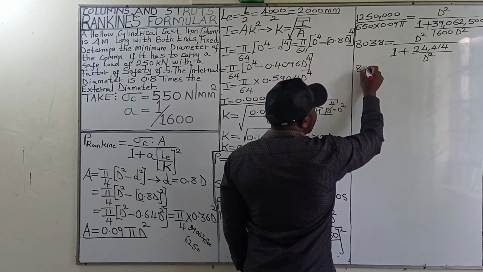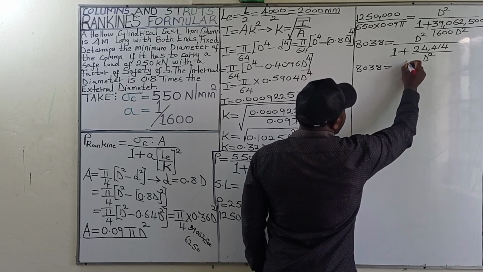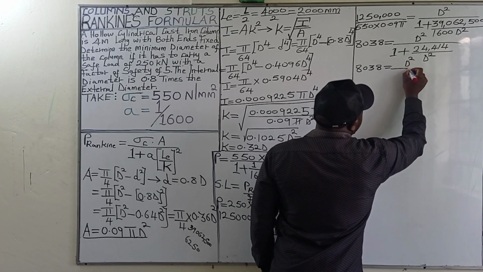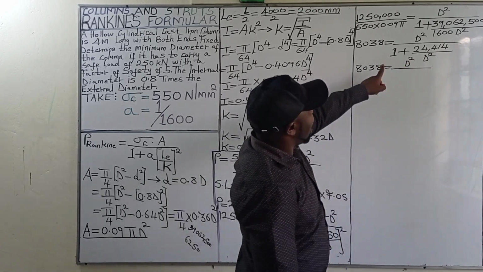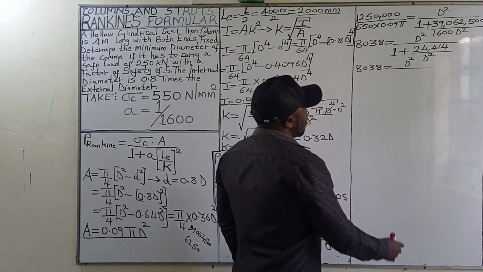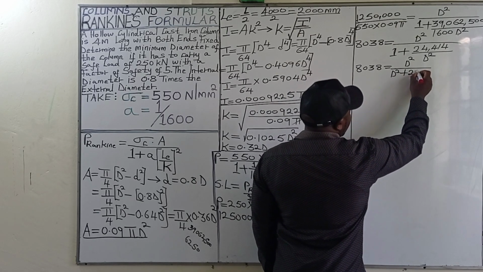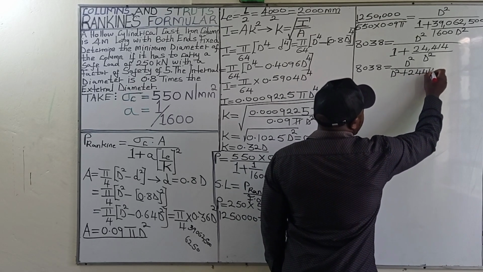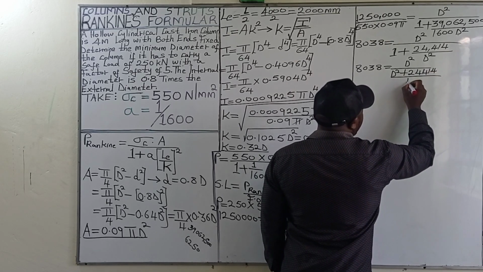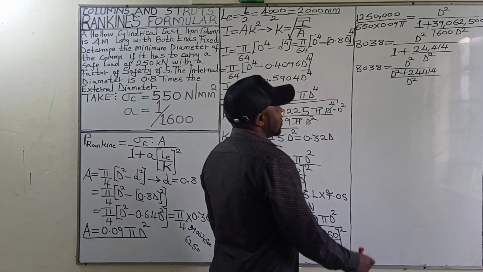So this will lead us to 8038 being equal to d squared all over, when we add 1 plus 24,414 over d squared, we are going to have d squared plus 24,414 all over d squared, because the LCM is going to be d squared.